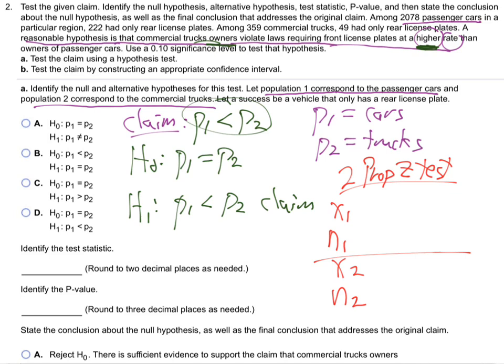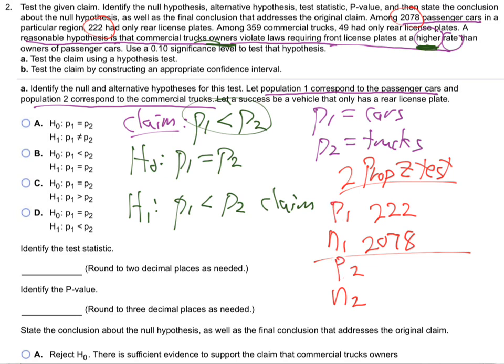So can you grab those numbers? It looks like 2078 passenger cars, 222 had rear license plates only. So X1 would be P1, right? Oh yeah, sorry, that's supposed to be P1, not X1. You're right, just using the wrong letters.